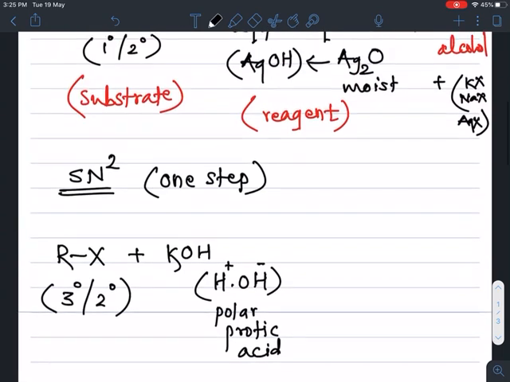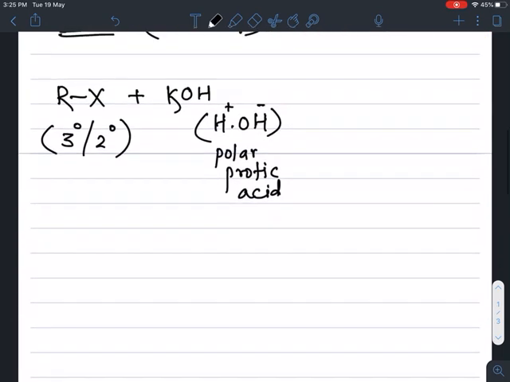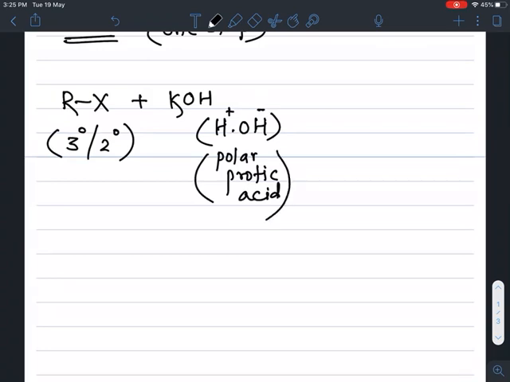This is enough to complete the reaction by the replacement of X by OH. Water supplies the OH minus, which is otherwise supplied by aqueous KOH, NaOH or AgOH, and this polar protic solvent is useful to complete the reaction when the alkyl halide is tertiary.